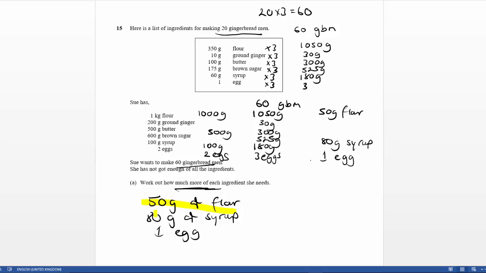This is what you will need, guys. Just going over the question again, we didn't include ginger, we didn't include butter, we didn't include brown sugar, because we have enough of those ingredients. It was only flour, syrup and eggs that we didn't have enough of.